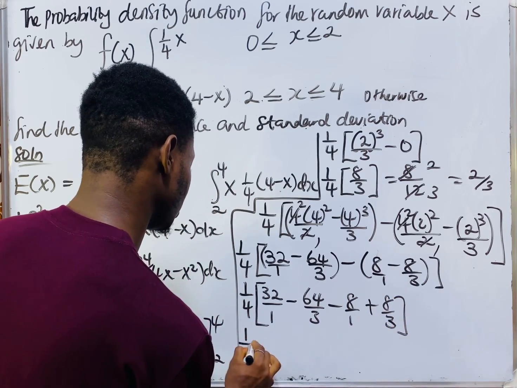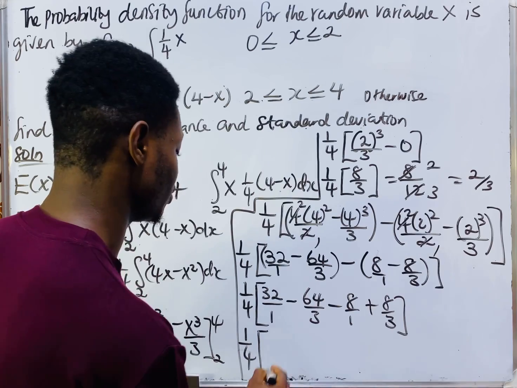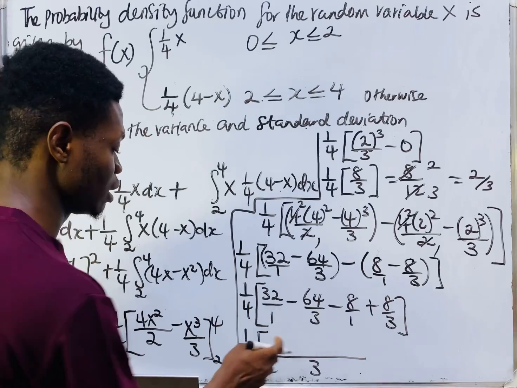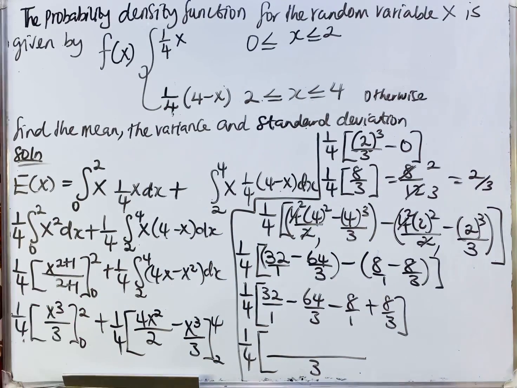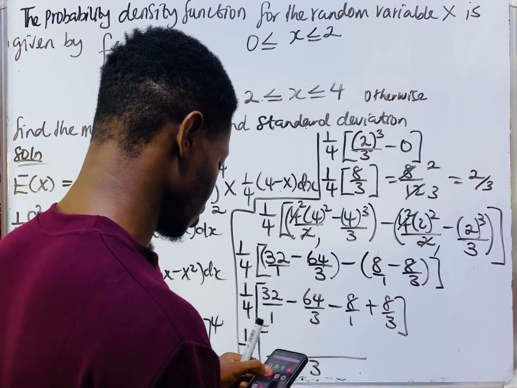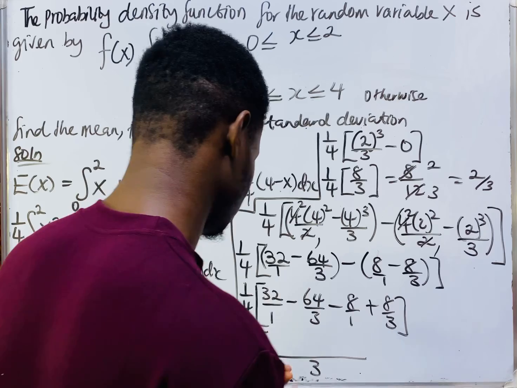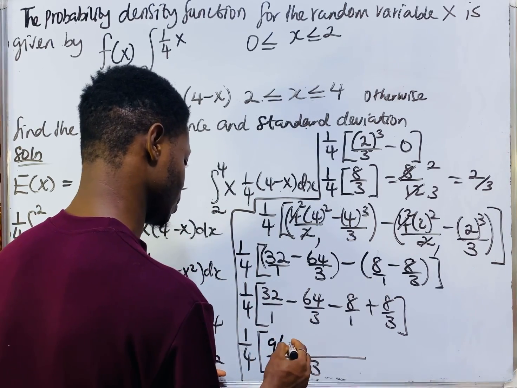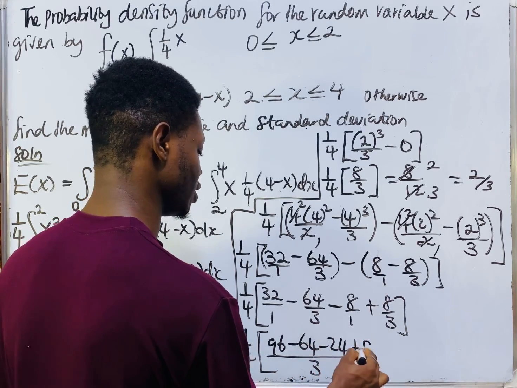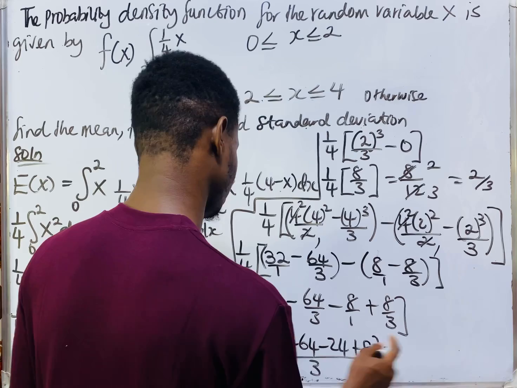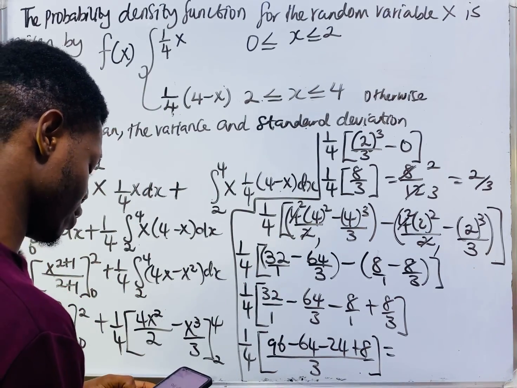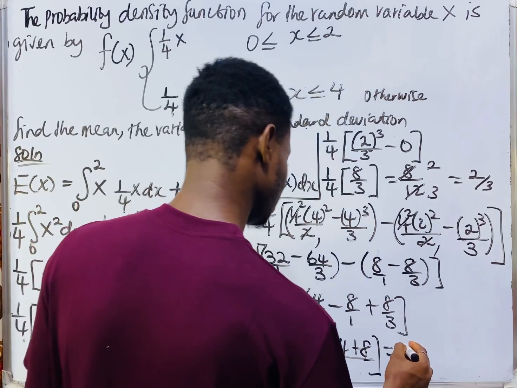So let me find the lowest common multiple, which is what? 3, right? 3 divided by 1 is what? 3. 3 times 32 equals 96 minus 64 minus 24 plus 8, which will be what? 96 minus 64 minus 24 plus 8 will give me 16.